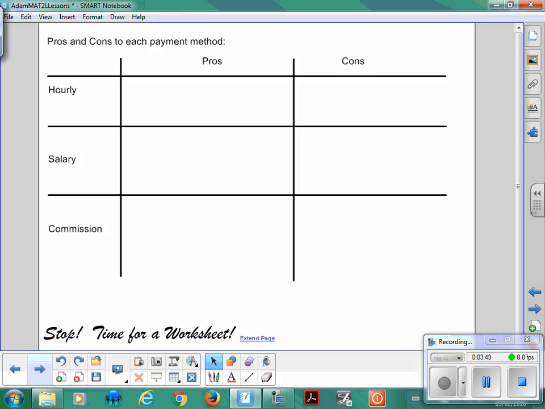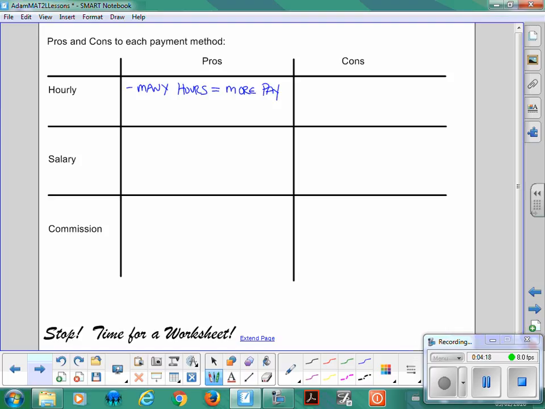So I want to talk about some pros and cons to each method. All right, so hourly. What's a pro for the hourly? Well, I think it falls in both the pro and con category, because many hours equals more pay. So if your employer is really busy saying, okay, I need you to work a 60-hour week next week, you're going to make lots of money.